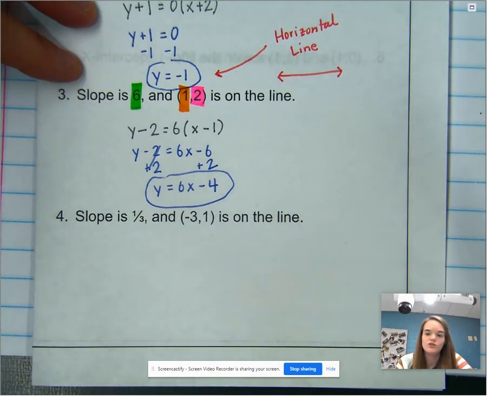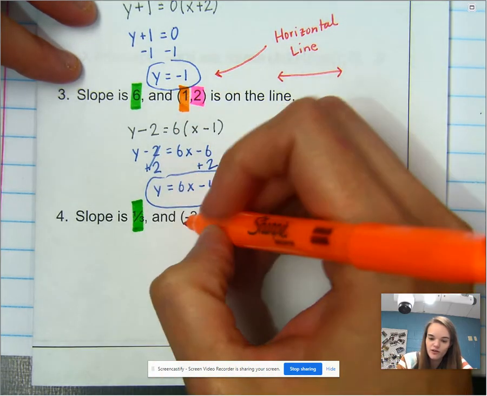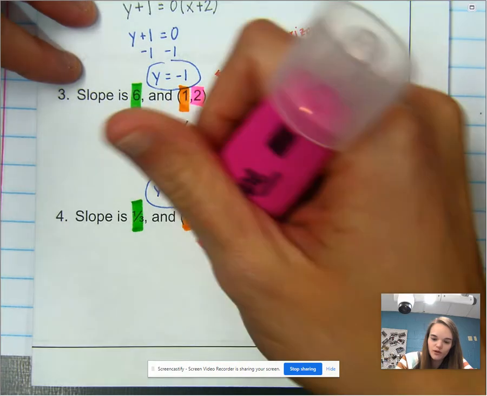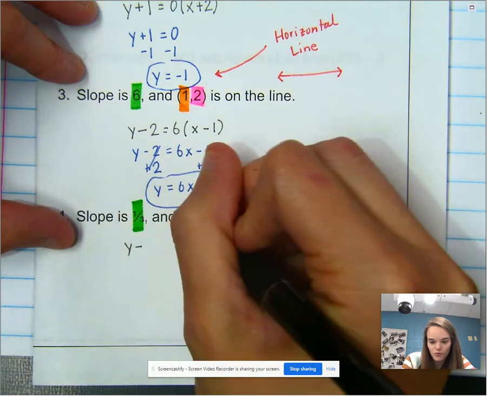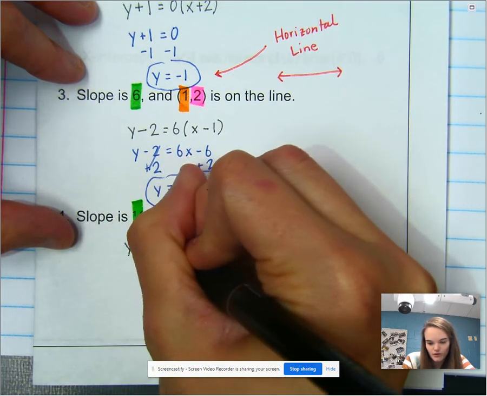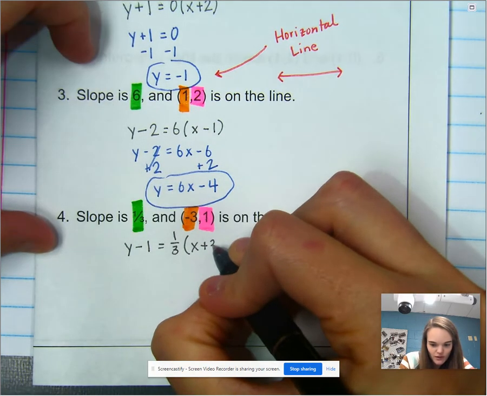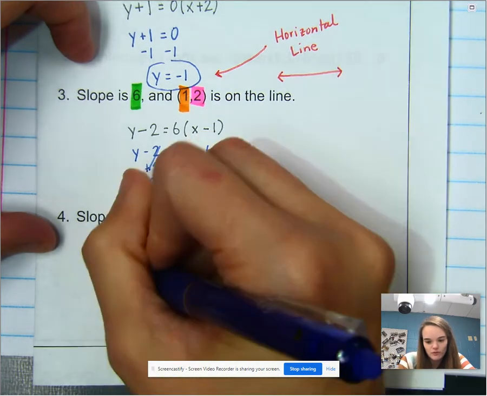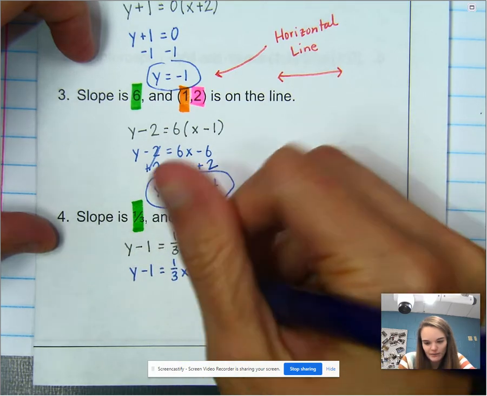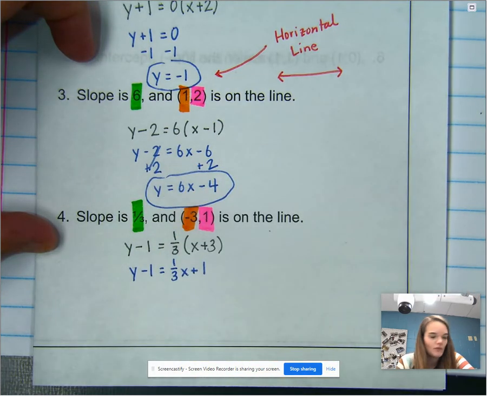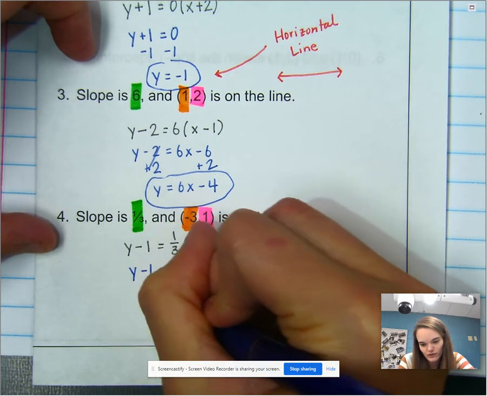And you've paused, I hope, and you're doing number 4. Slope is 1/3, x is negative 3, y is 1. Y minus 1 equals 1/3 times x minus negative 3, so we put plus 3. Distribute. Y minus 1 equals 1/3 x, 1/3 times 3 is 1. Add 1. Y equals 1/3 x plus 2.